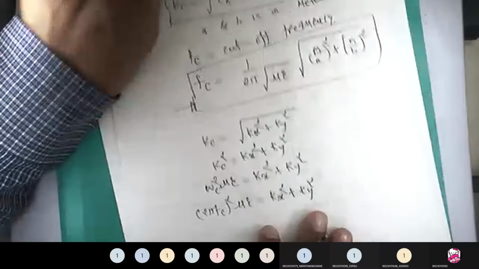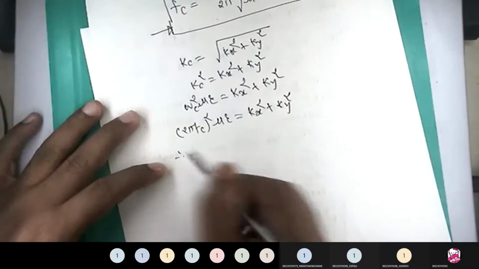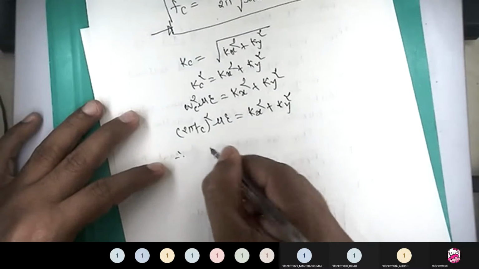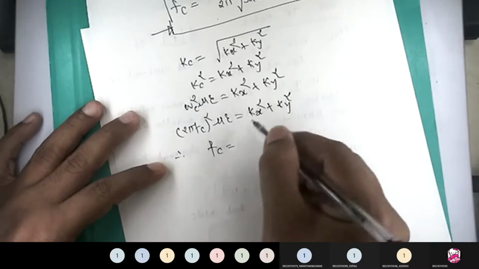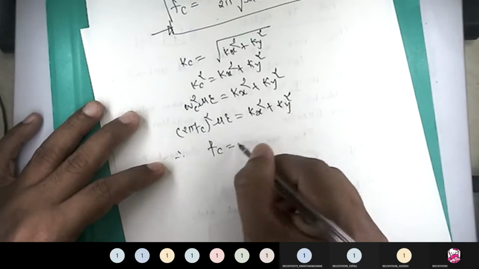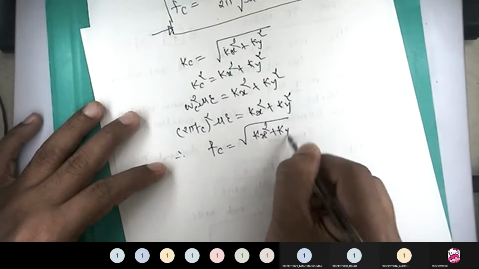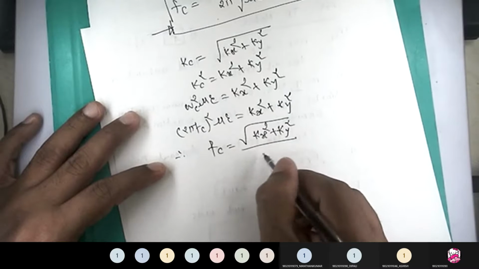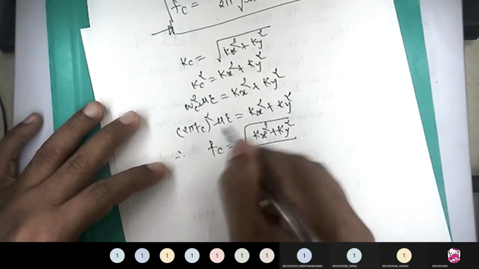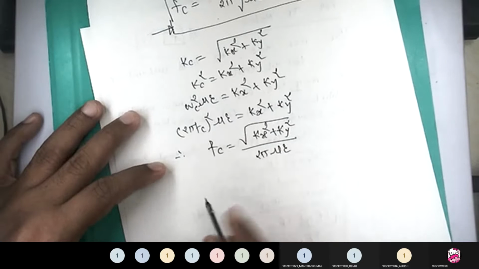Now I just want everything in terms of fc. Because it is a square, I will take the square root. So the square root of kx square plus ky square, divided by 2 pi and then mu into epsilon.